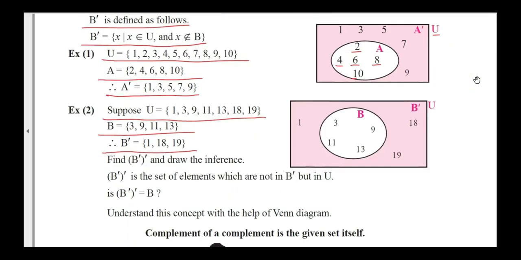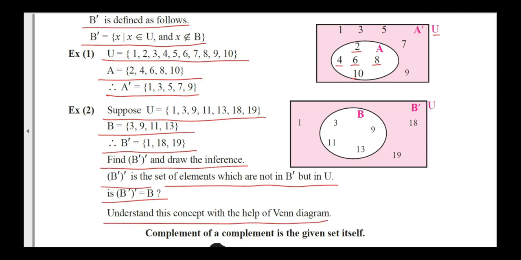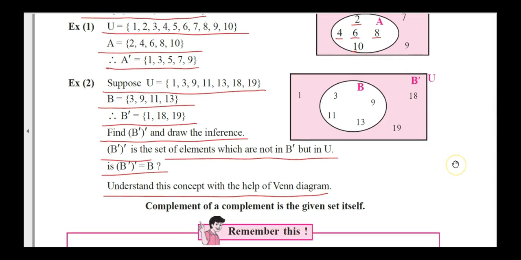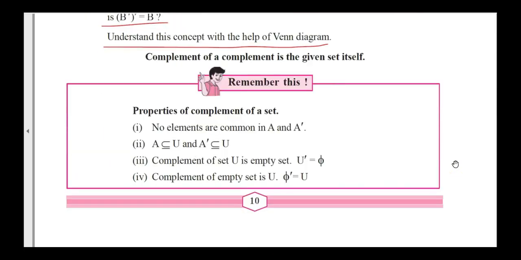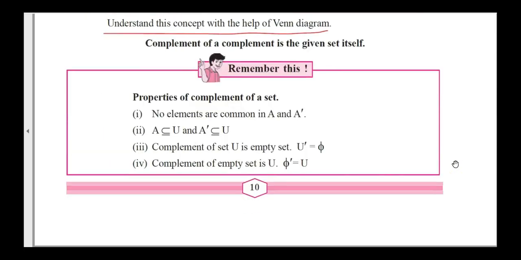Suppose U is equal to 1, 3, 9, 11, 13, 18, 19, and B is equal to 3, 9, 11, 13. Its complement is 1, 18, 19. Find the complement of the complement, B complement and its complement, and draw the inference. That is, the complement of B complement is the set of the elements which are not in B complement but in U. That is, the complement of the complement of B is B.